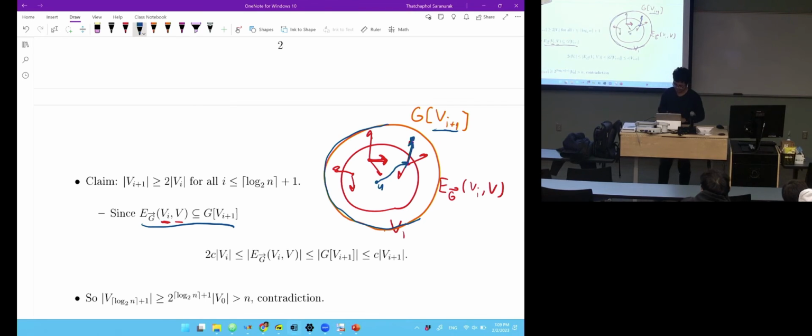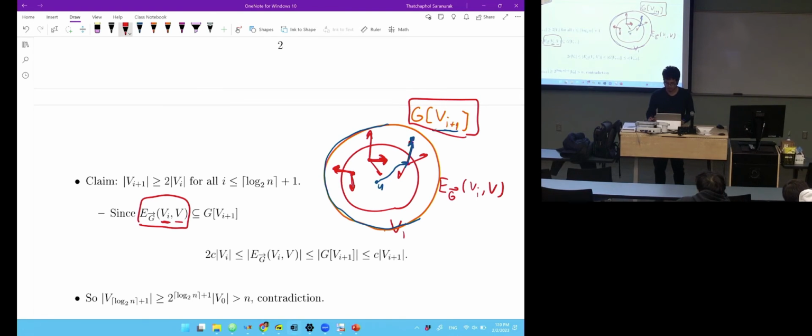Okay. Well, now, I claim that every red edge here, which is all edges going out of V_i, must be inside the graph induced by V_{i+1}.